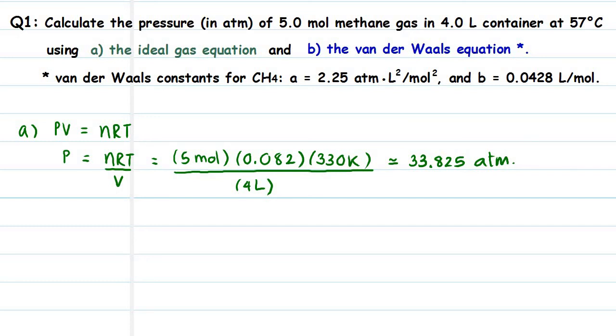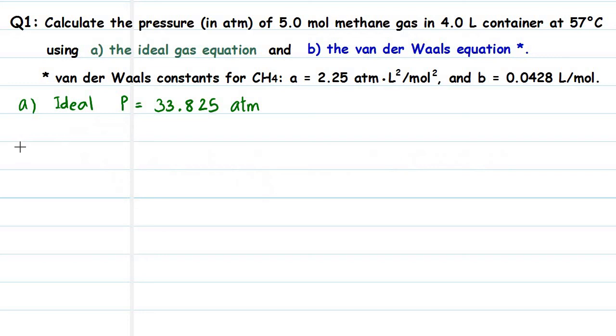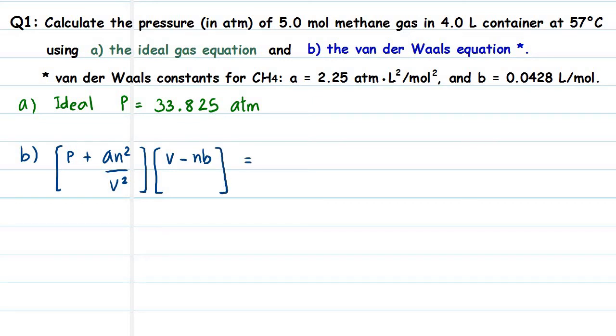Now let's try using the Van der Waals equation, part B. For the Van der Waals equation, we will use (P plus a n squared over V squared) times (V minus nb) equal to nRT.